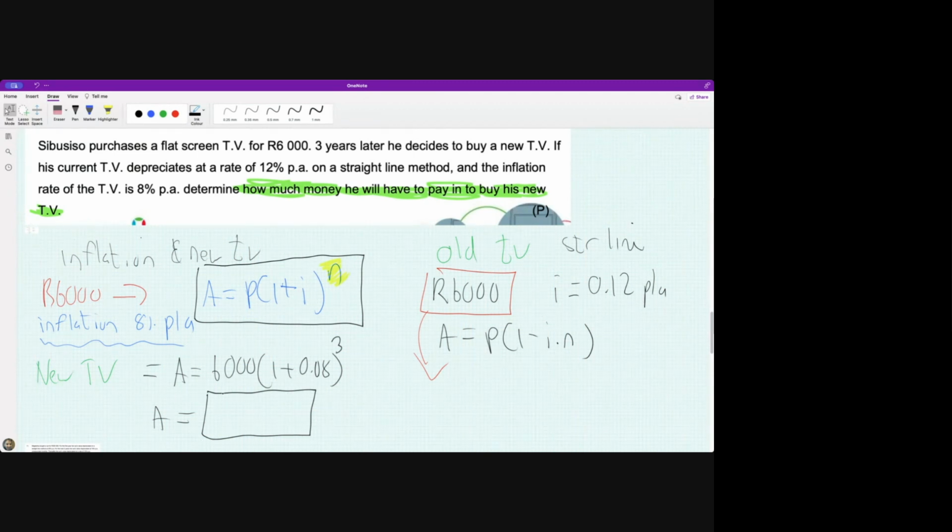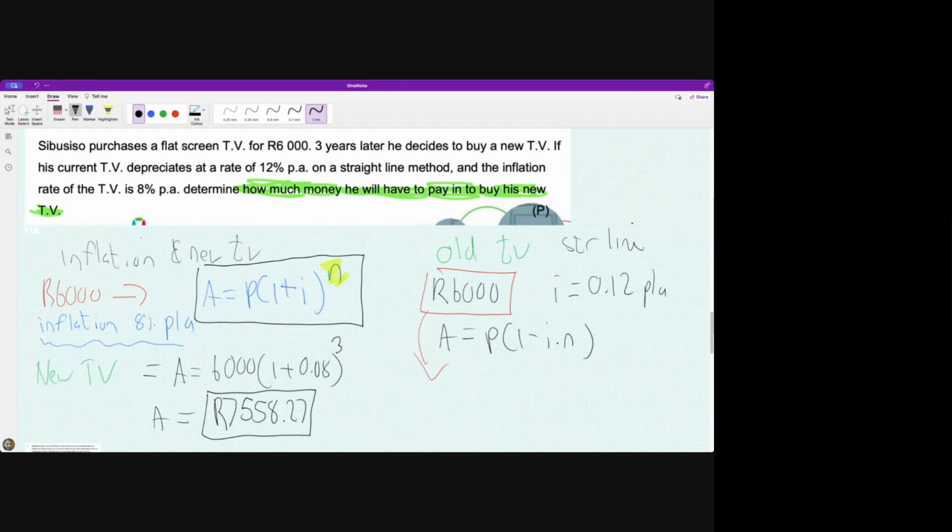Who has an idea for me? I'm getting, do you agree, oh, Callan, thank you so much. 7,558, me and Callan are on the same page. Anybody else agree with us?